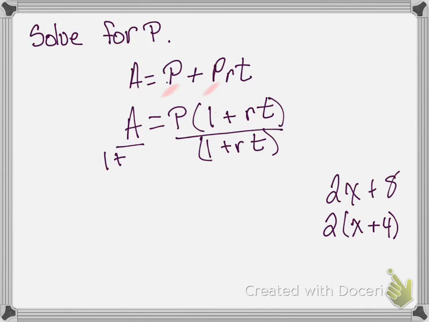And you can put it in parentheses to keep it clear in your mind. But remember, a fraction bar is a grouping symbol. So my final answer is A divided by 1 plus RT. And if you have that 1 plus RT in parentheses, you're fine.